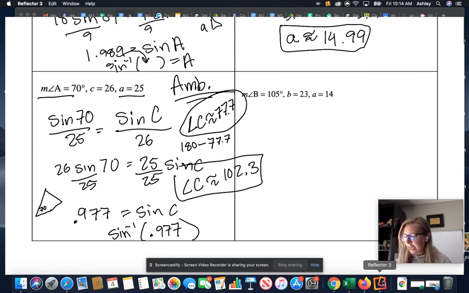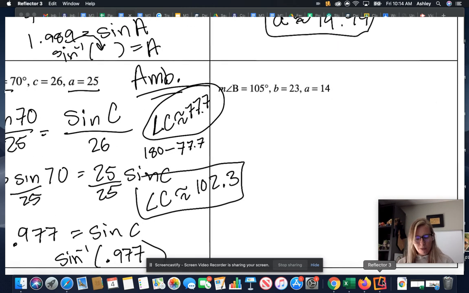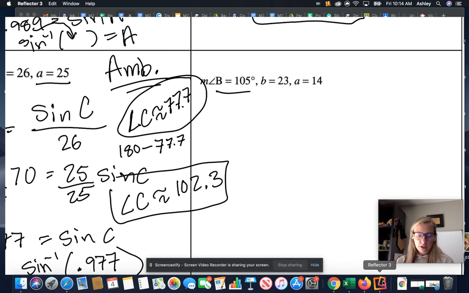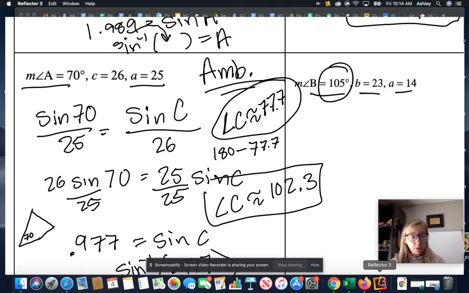All right, last but not least, we have another angle side situation. Ooh, but this is an obtuse angle. How many obtuse angles can you have in a triangle? One and only one. So this kind of pins this triangle in a unique way, unlike our last example where the given angle was an acute angle, right?